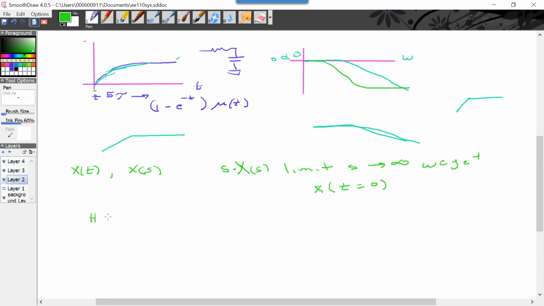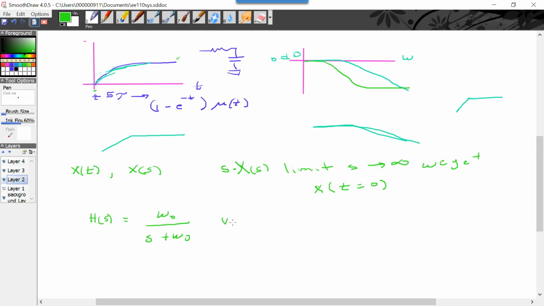So the transfer function of that low pass filter is omega naught over S plus omega naught, which doesn't do much on its own, right? So let's say we want to take the step response.